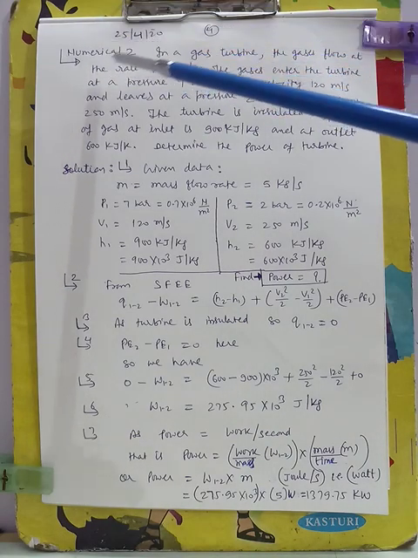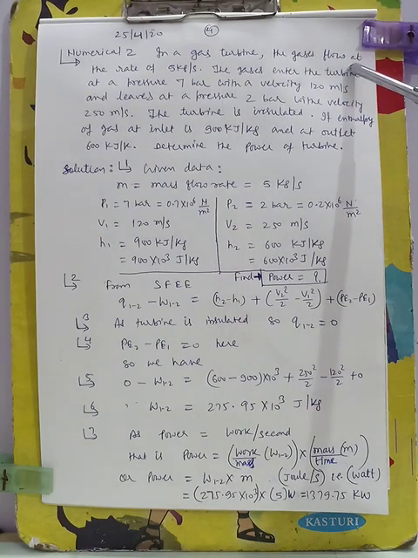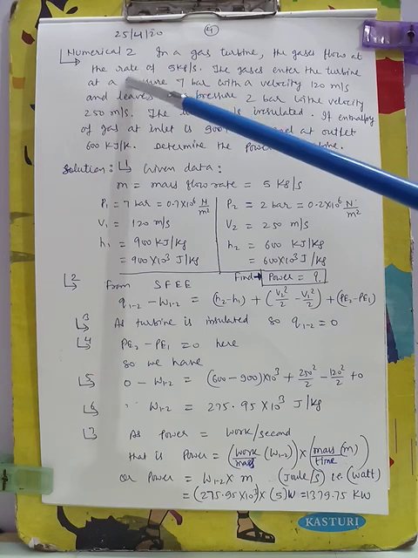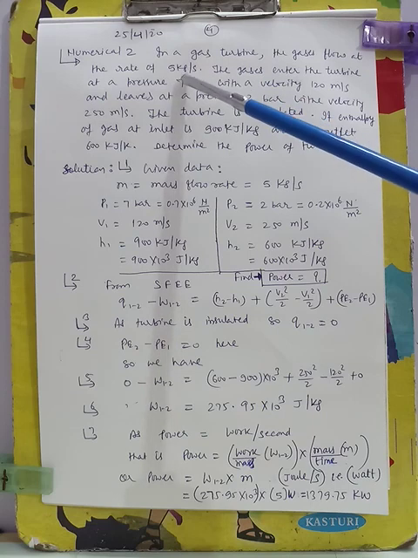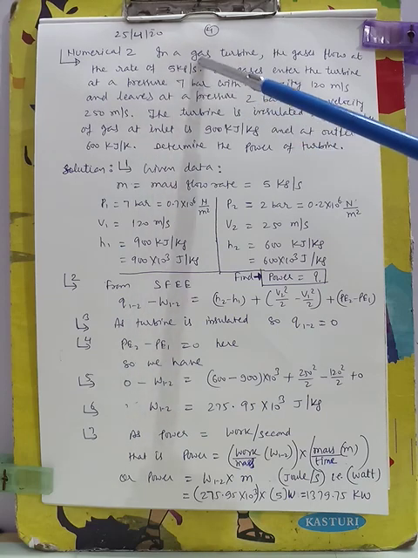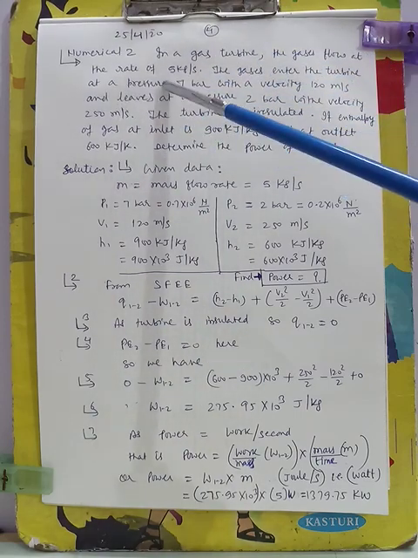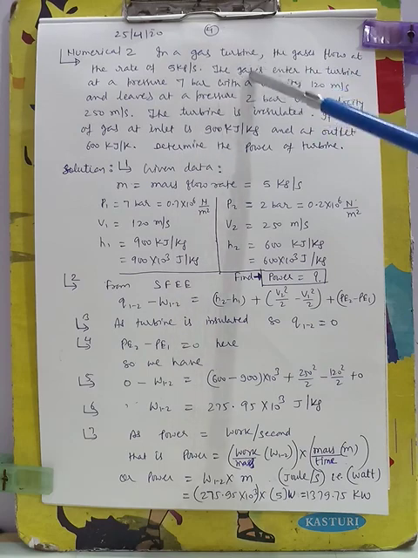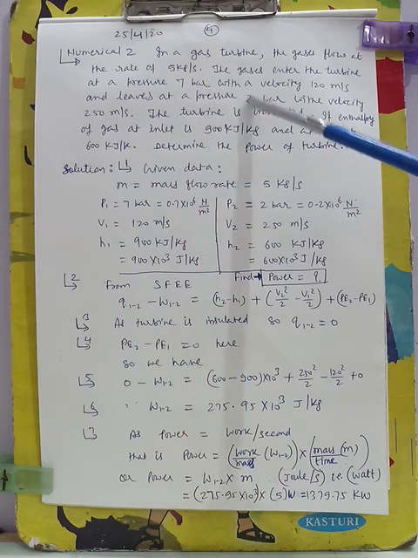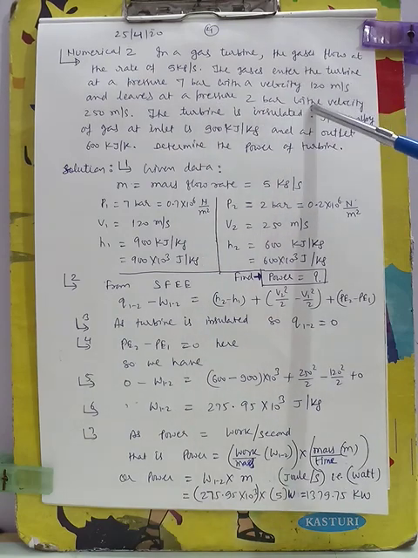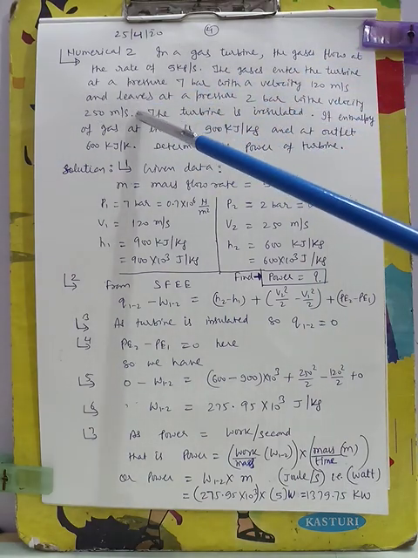So next numerical is, in a gas turbine, the gases flow at the rate of 5 kg per second. This is the flow rate. The gases enter the turbine at a pressure 7 bar with a velocity 120 meter per second and leave at a pressure 2 bar with the velocity 250 meter per second.